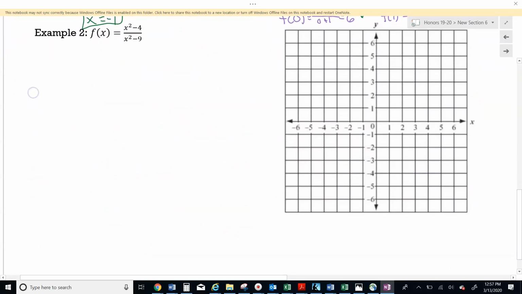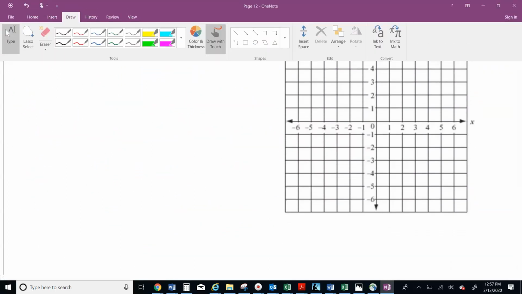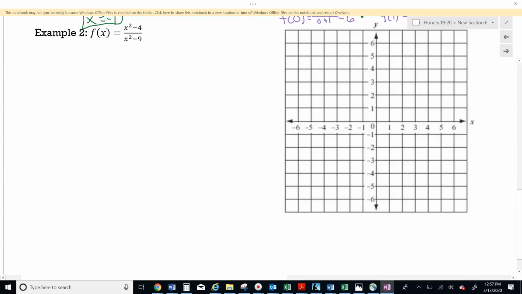Example 2. Step 1, horizontal asymptotes. Our degree equals 2. Our degree equals 2.